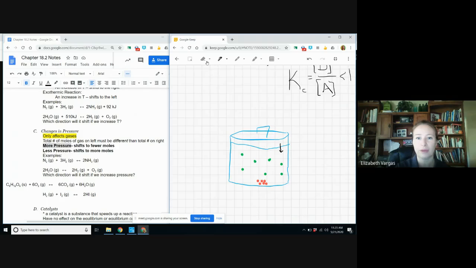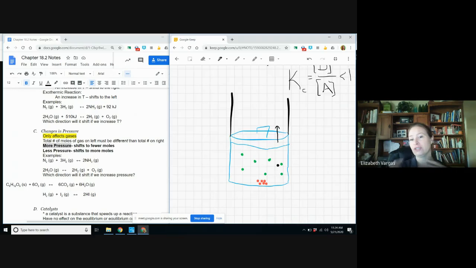If I were to, let's get rid of this guy. If I were to give it more space, let's say I took this lid and the sides kept going up so my gas doesn't escape, and I raise the lid up, I'm giving them more room to spread out. That's going to lower the pressure way down.